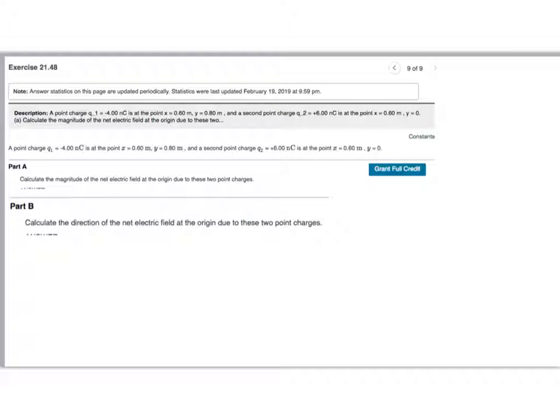All right, so there was a question about this particular problem where you're given two charges in the xy plane, and then you have to find the electric field that they create at the origin. So this is sort of the scenario.